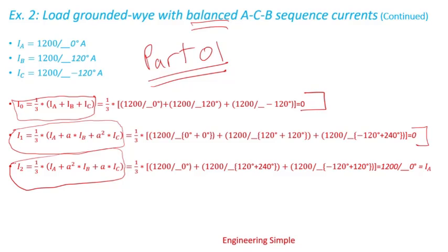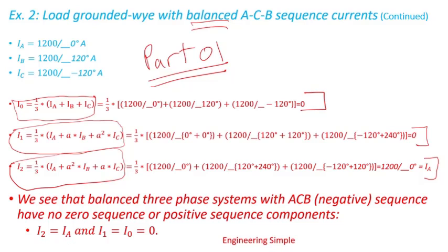If I carry out the calculation, I get I2, the negative sequence, equal to the phase A current. So in this example, balanced three-phase systems with ACB or negative sequence have no zero sequence or positive sequence components.